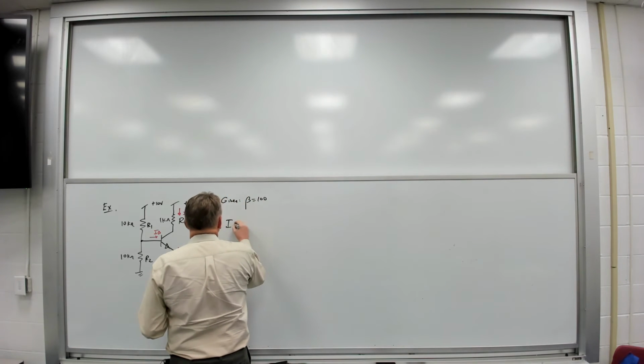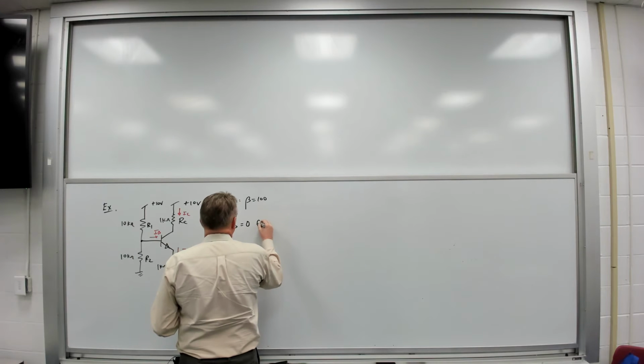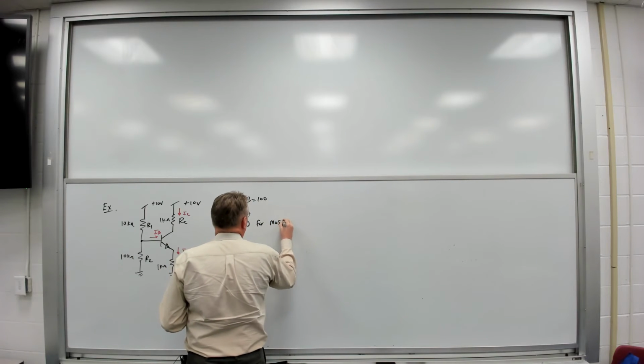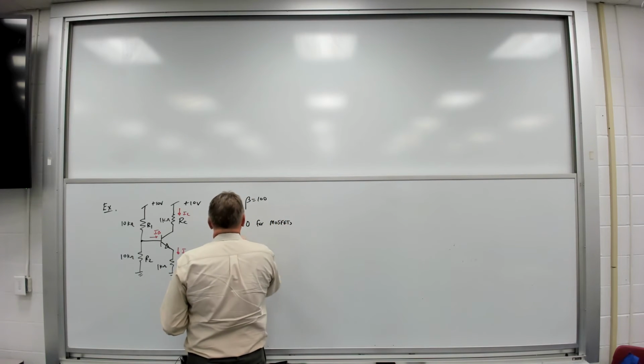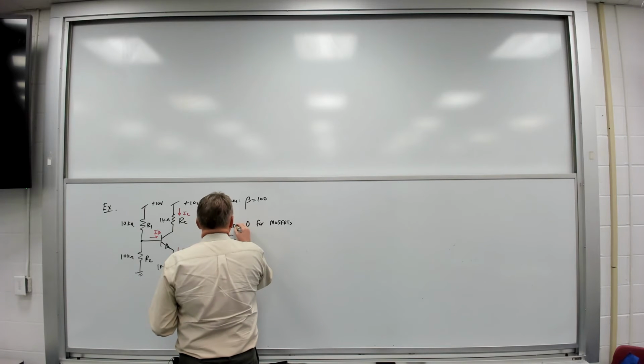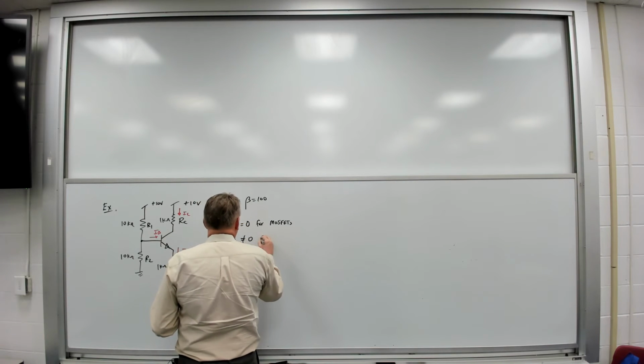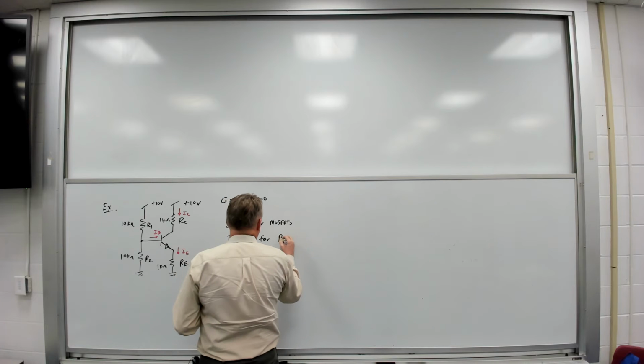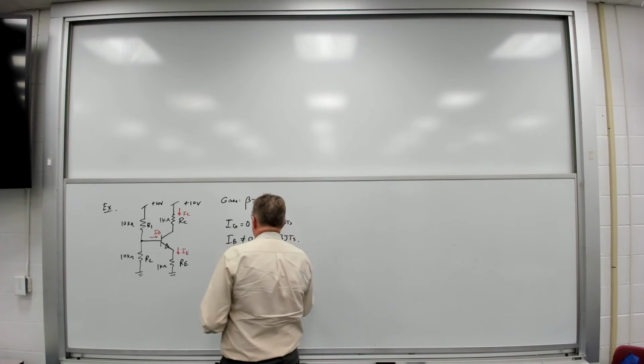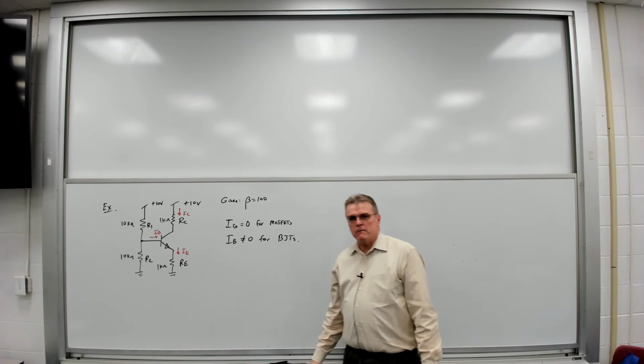So IG is equal to 0 for MOSFETs, but unfortunately IB is not equal to 0 for BJTs, which makes this type of problem a little bit trickier than it is for a MOSFET.